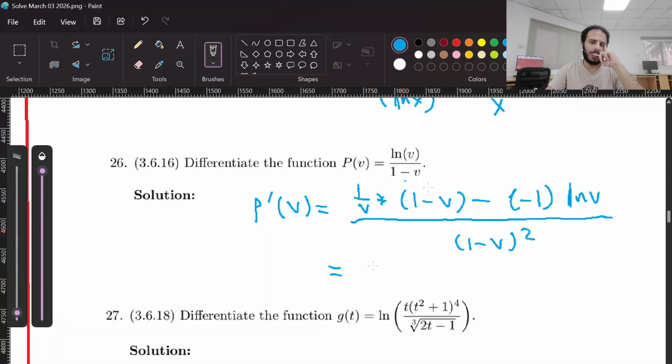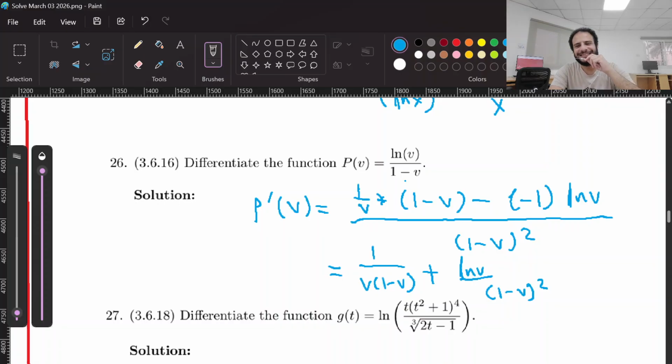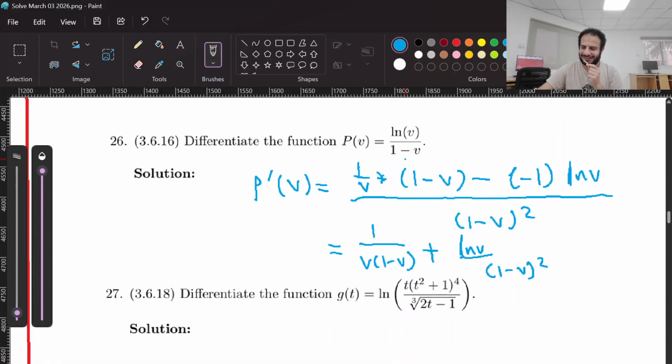I think we can do it like this: 1 over v times 1 minus v, then minus minus is a plus ln v over 1 minus v squared. I remember once he said that if you simplify, he will deduct marks because you make it more complicated. It depends on how much you're simplifying it.